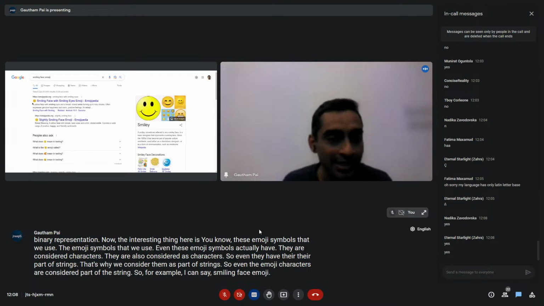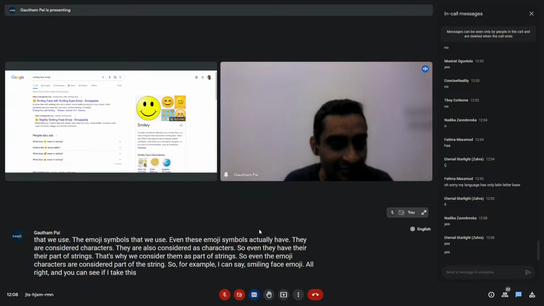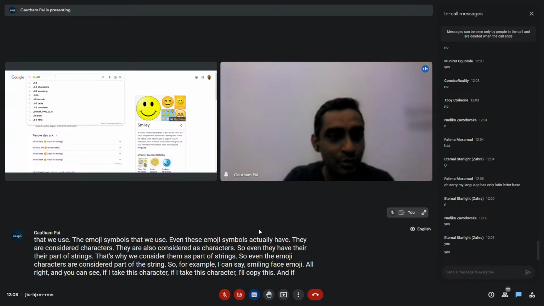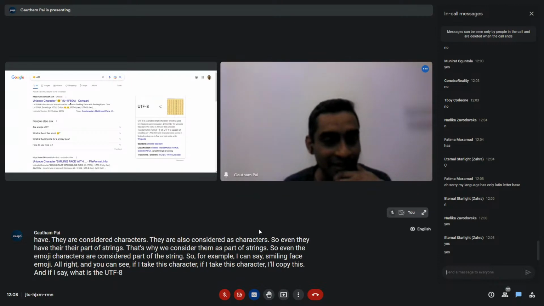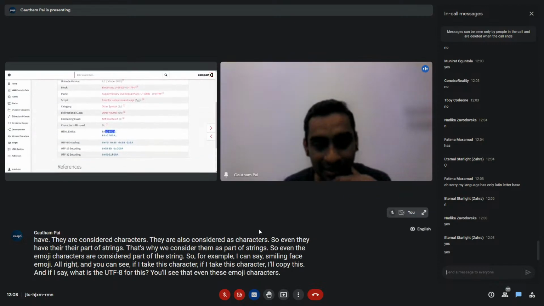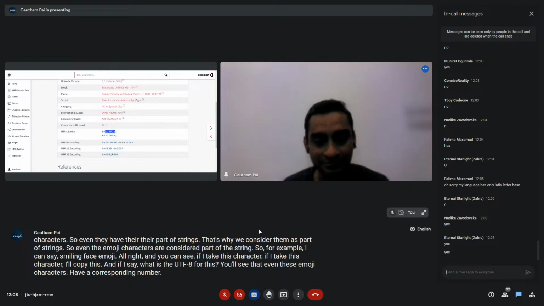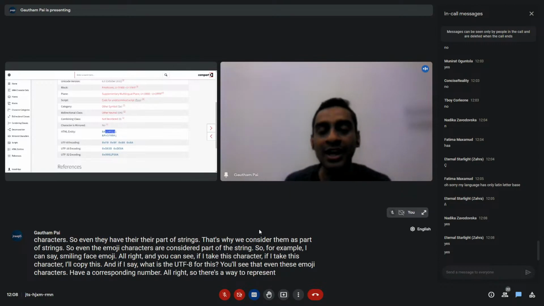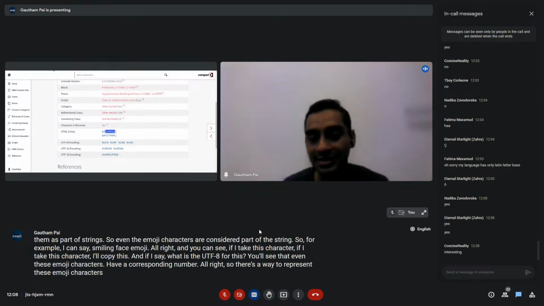All right. And you can see if I take this character, I'll copy this, and if I ask what is the UTF-8 for this, you'll see that even these emoji characters have a corresponding number.